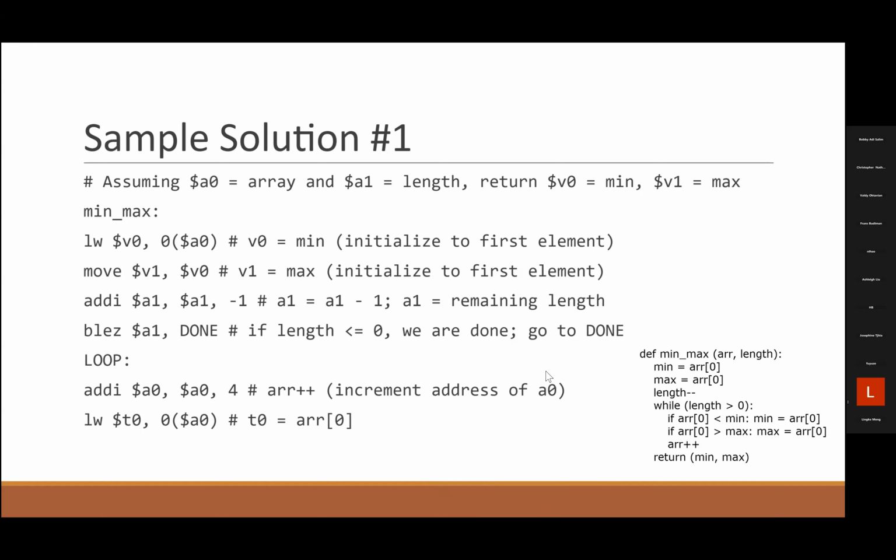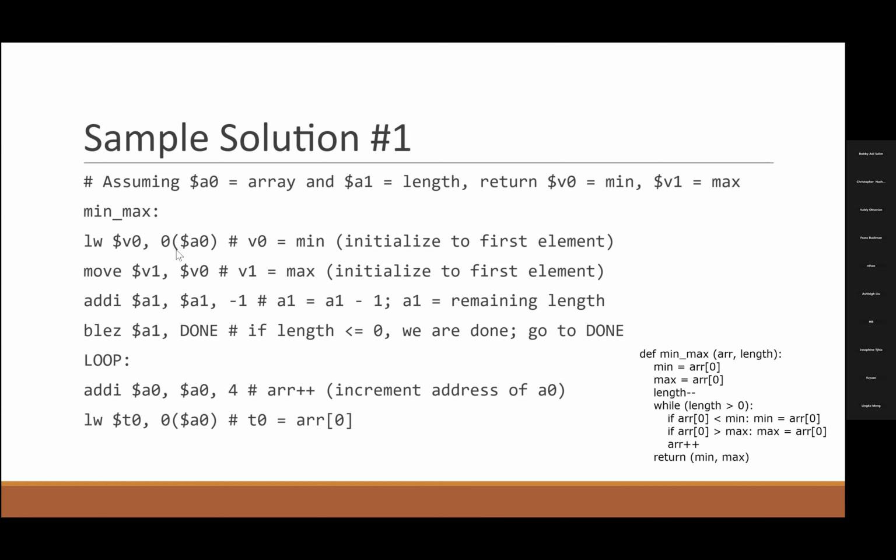So here I'm assigning V0, which stores the min, and V1, which stores the max, to their initialized values, which is the first element in the array. First we're loading from A0, which stores the array, and we're getting the first element with the offset 0.